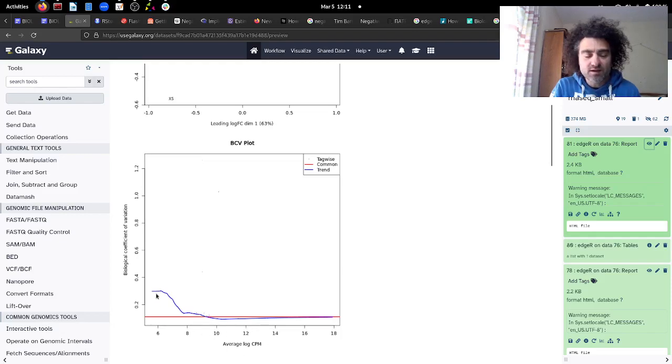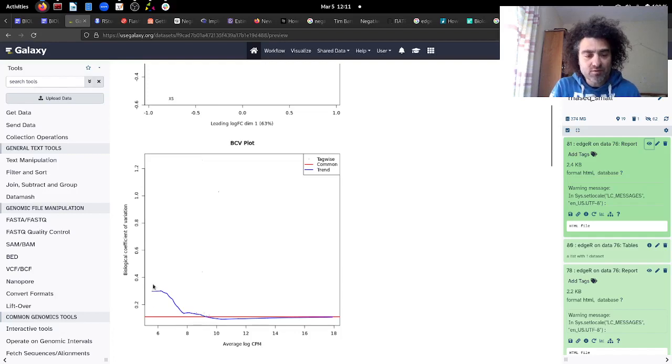So this means that within each group, so within the infected and within the control, I stress the words within, genes that are lowly expressed have higher biological variation. They are more variable between the individuals. So between the 3 individuals in a group, there is greater variation for genes that are lowly expressed.